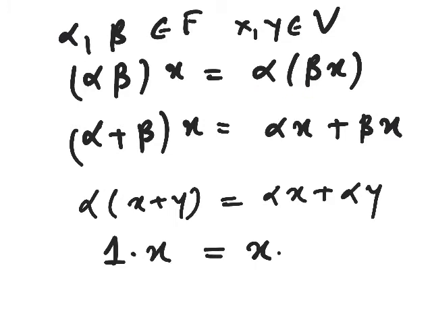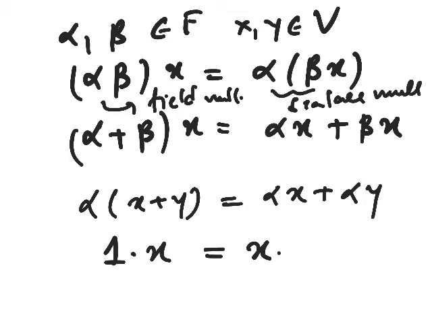So there are two types of multiplications. Here this is the field multiplication and this is the scalar multiplication. Now you can see what is interesting in the next expression, right? Where does this plus lie? This plus is a field one. I'll write F here to indicate that this addition is the field addition and this addition is the vector addition.